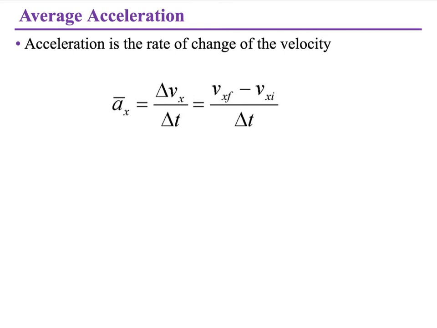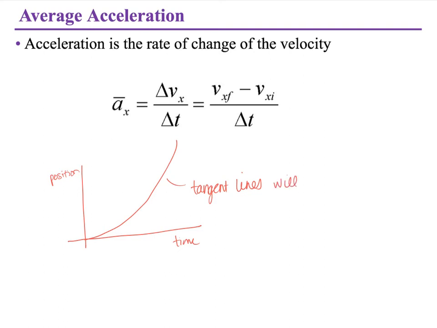2 more definitions until we're done. In the previous picture, I'll just redraw it here, this was position versus time, and the curve looks something like this. Notice that the tangent lines, if we draw them at different locations, they'll have changing slopes.